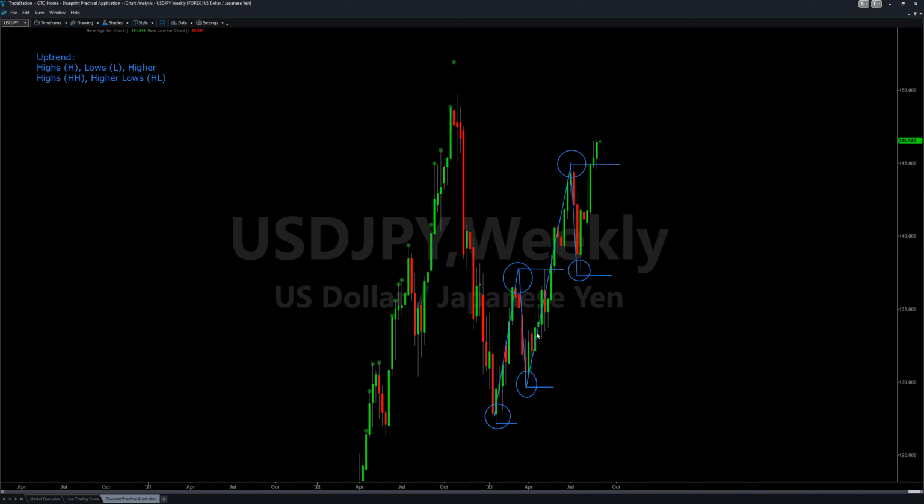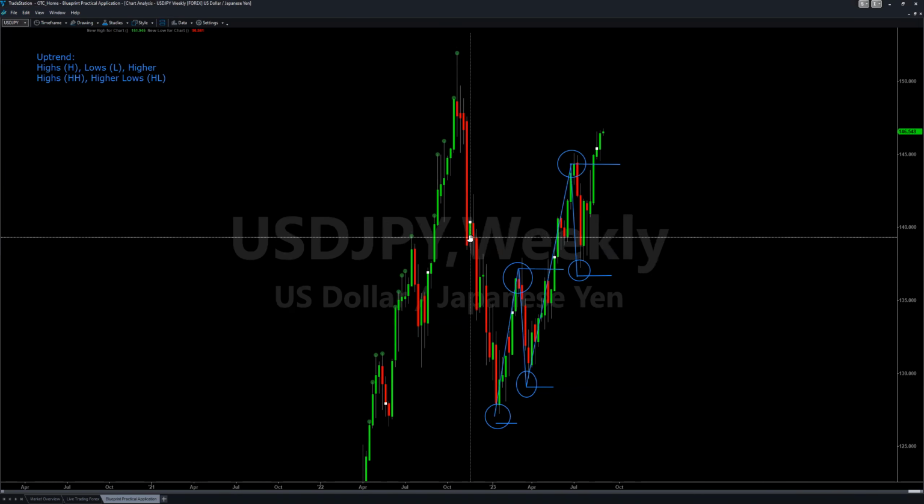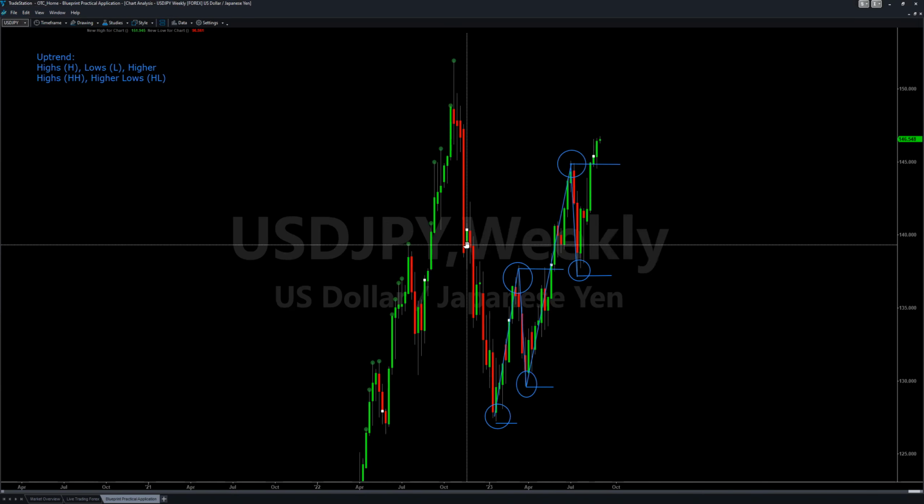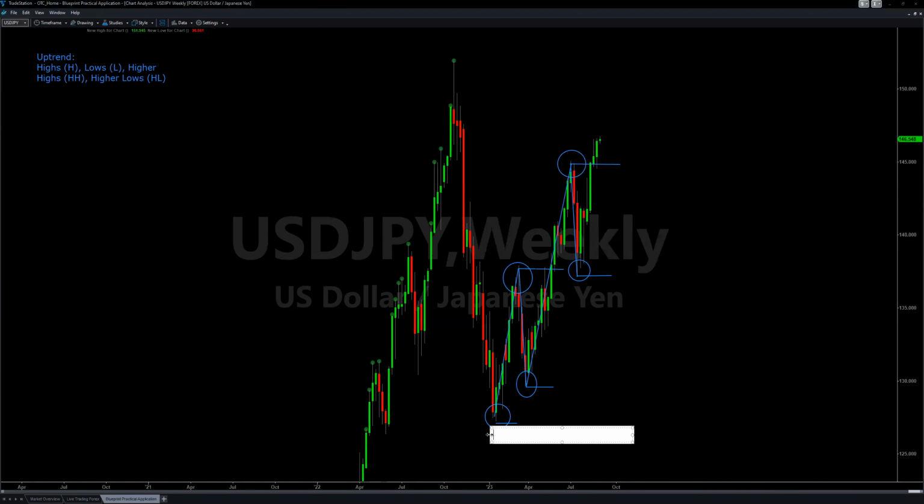Okay, we'll check this now. What is this? That is definitely a low, right? The first pivot we move. We follow the trend, the connected line to this one.